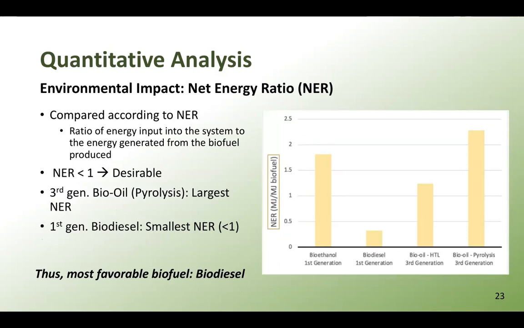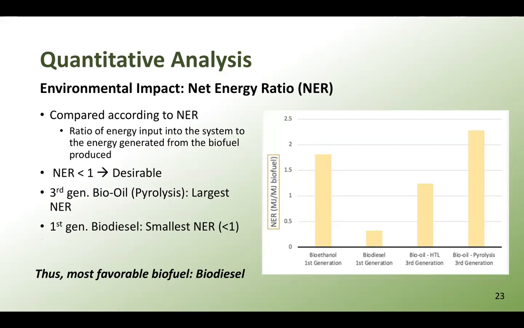Okay, so to also compare the environmental impact between the three liquid biofuels, we also compared the net energy ratio of the three, which is basically the ratio of energy input into the system to the energy generated from the biofuel produced, which is why we want it to be less than 1 for it to be desirable.